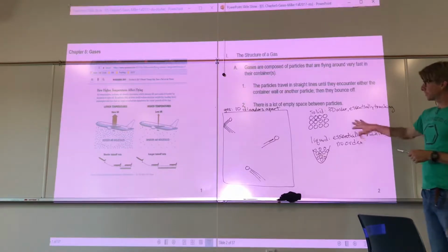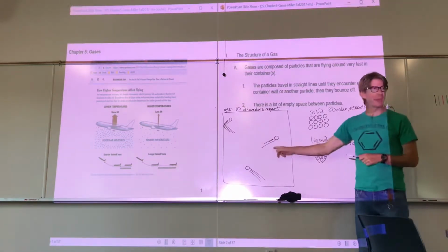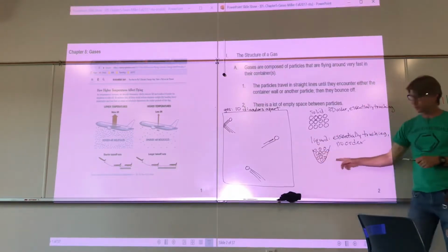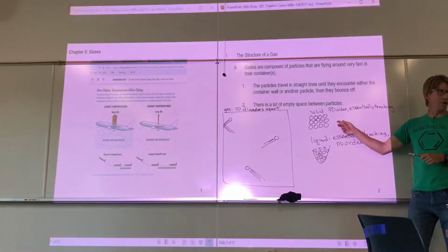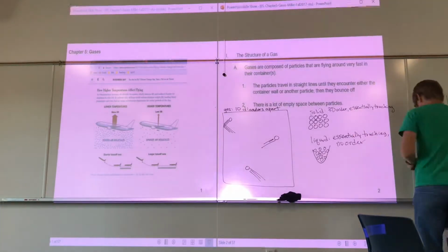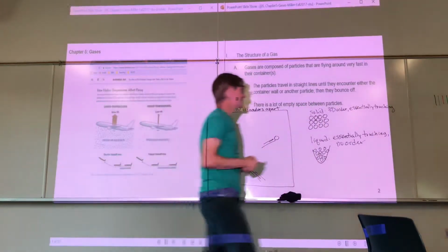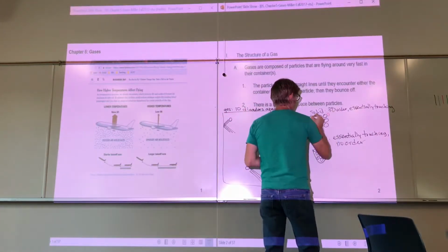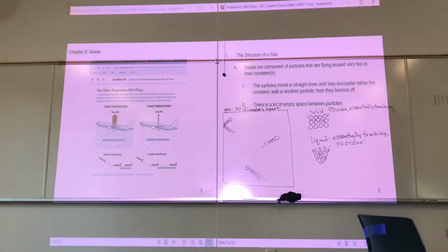Okay, so there's pictures of the phases: about 10 diameters apart and moving very fast here, moving slowly here, and really not moving at all here. Although even in a solid phase, the particles are vibrating back and forth. Those are vibration lines, so there is movement.